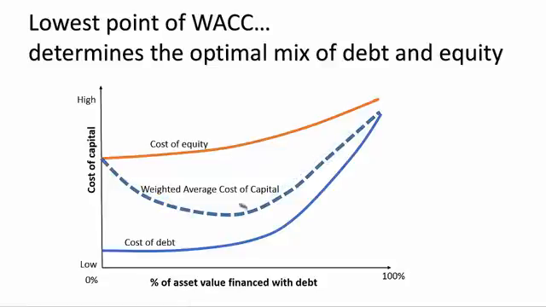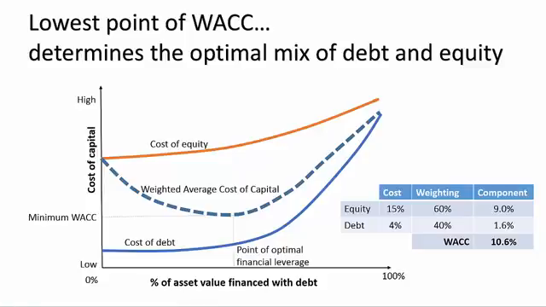The lowest point on the curve represents the optimal capital structure for a firm. Said another way, it represents the ideal amount of debt that a firm should incorporate into its mix of financing instruments. WACC is an important calculation in both theory and practice because it represents the true discount factor that should be applied when you're doing present value analysis.